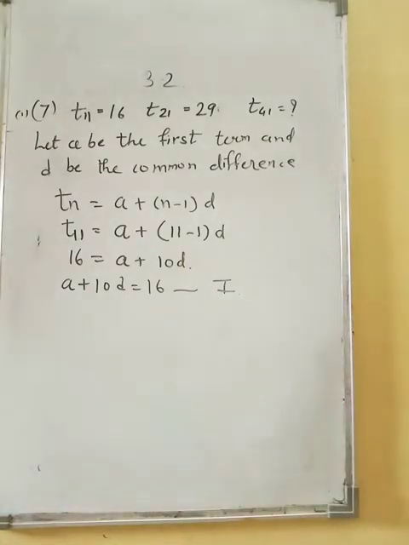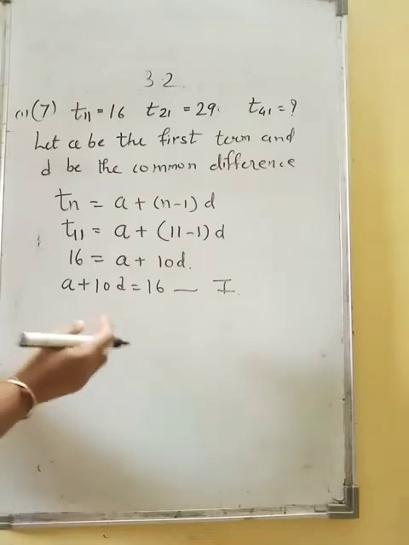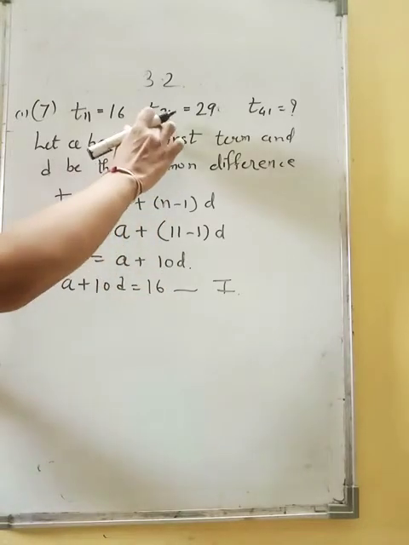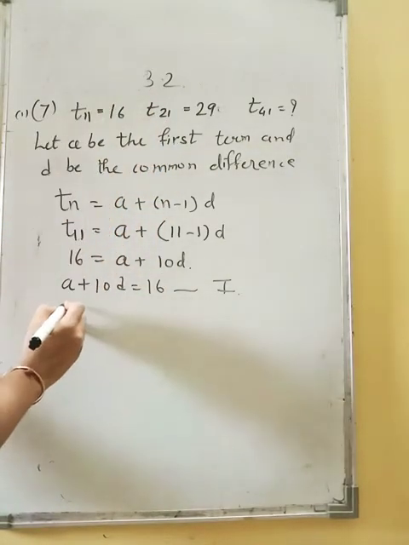We have two unknowns, A and D. So one equation will not be sufficient to get the solution for A and D. So we need to have a second equation. How can we get the second equation? By this information. We have T21 also, no? So let us do it then.